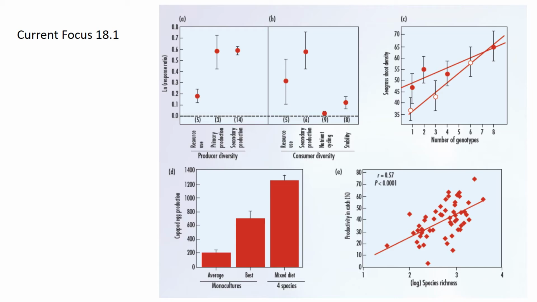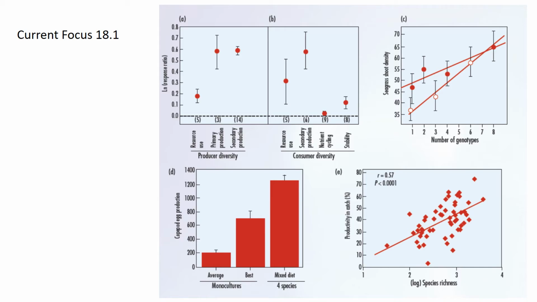Now, these plots are relative plots, so it's the ratio of the change in the ecosystem process depending on whether the treatment was a high diversity treatment or a low diversity treatment.